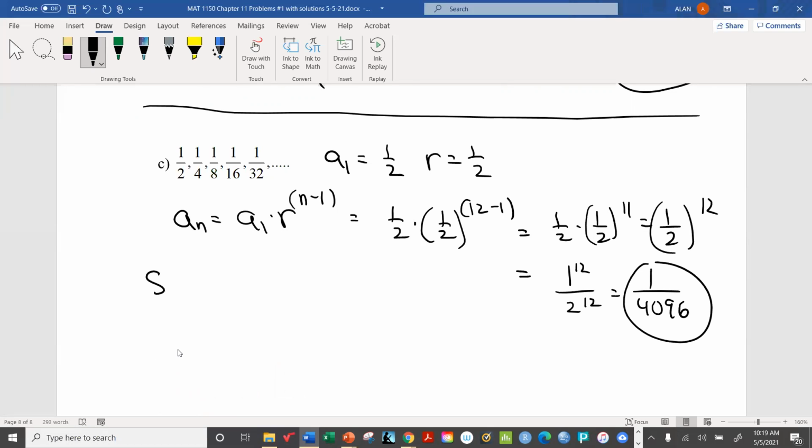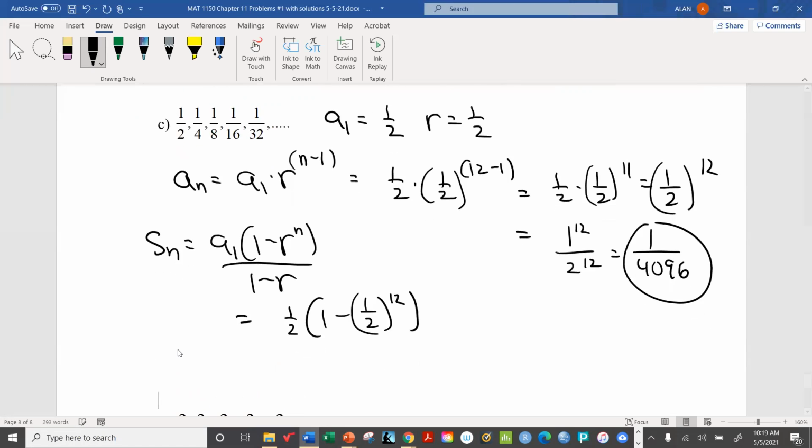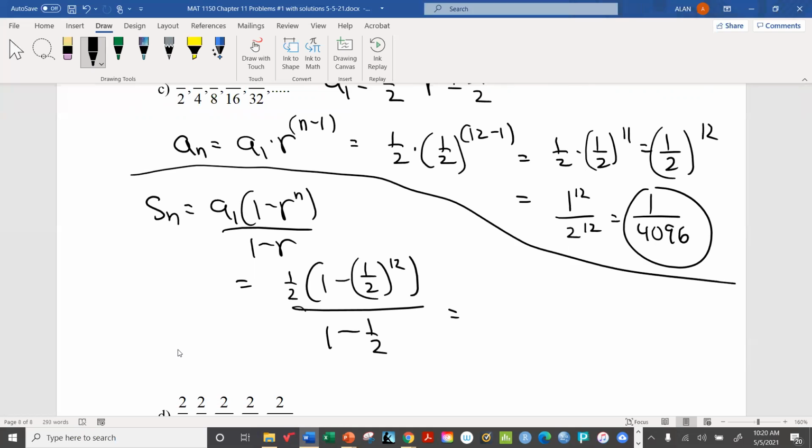And then, of course, we have to follow up with the sum. So we'll have 1/2 times 1 minus 1/2 to the 12th. So really, the bottom line is you just have to be careful with these. They're not conceptually difficult.